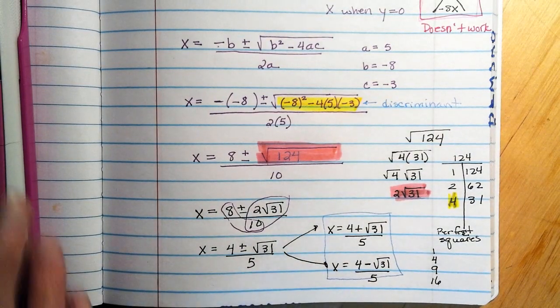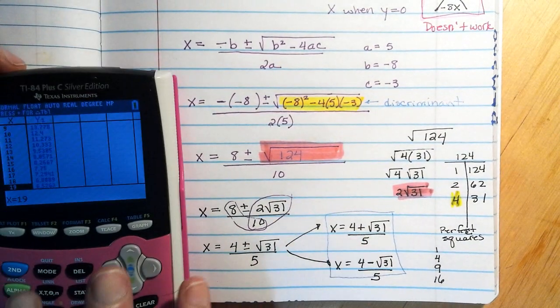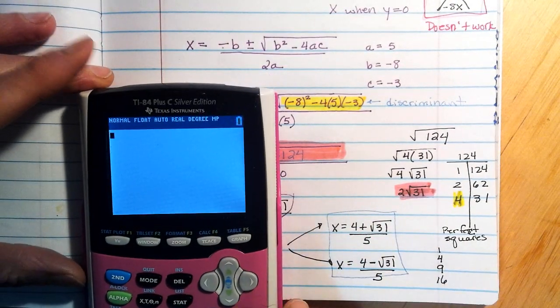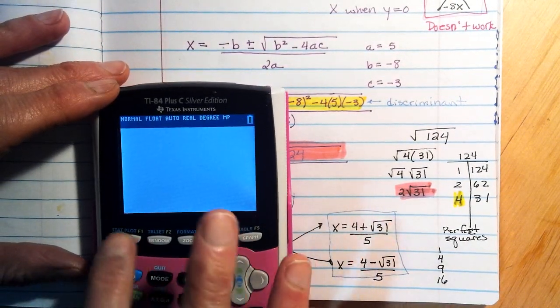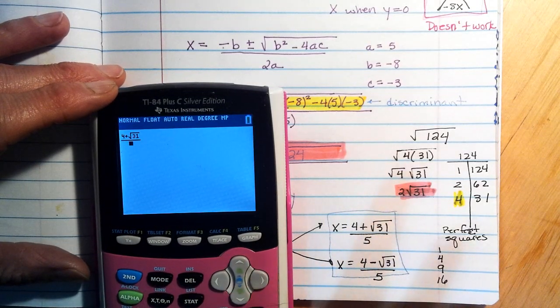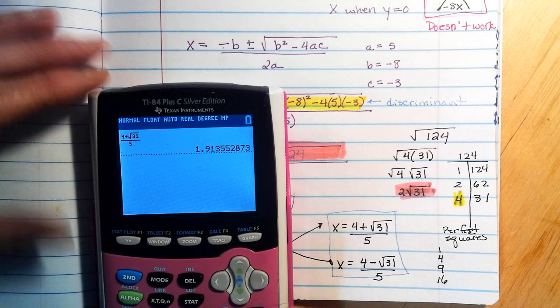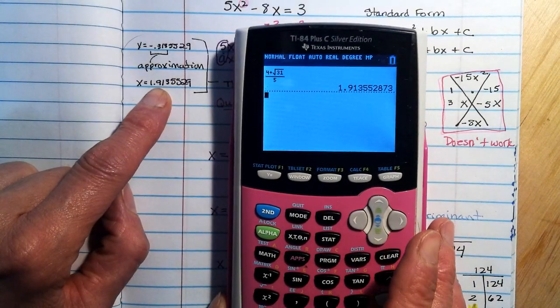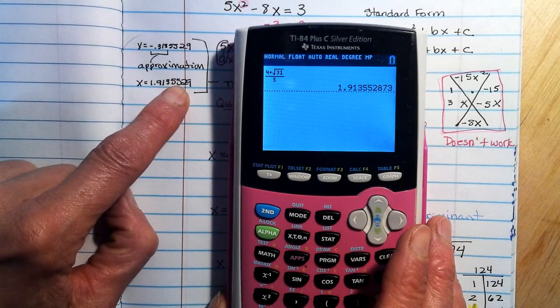If I were to put them into my calculator, let's take the first one and I'll show you. I go alpha F1 to get my fraction, and I do 4 plus the square root of 31, all of that divided by 5, and I get 1.9113552873.